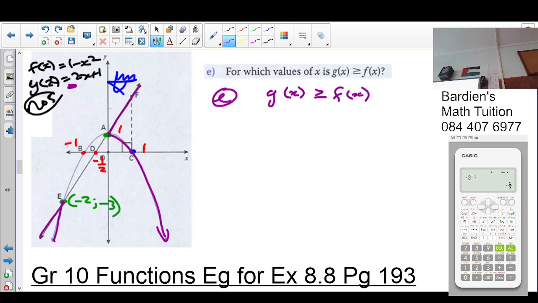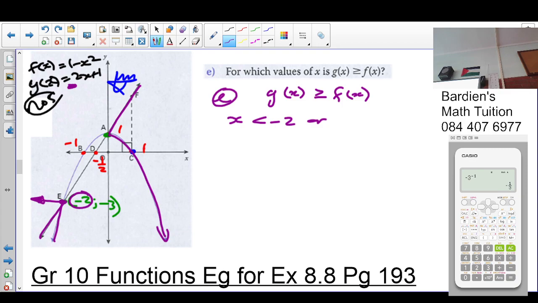So is this solution together or apart? It's apart. Did you see that, people? So in other words, x must be in that direction. x must be less than, what's your x value here? Negative 2.